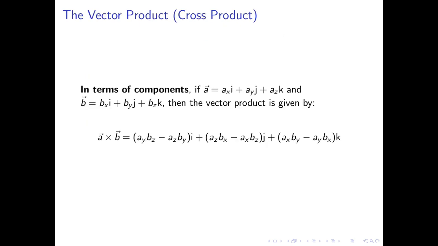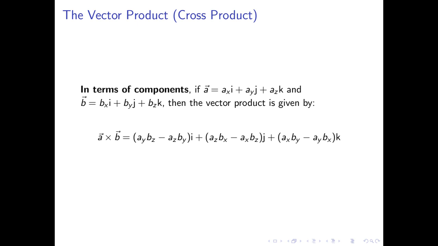Let's see if we have examples. Okay, for component terms, similar to scalar product, the i, j, and k terms vanish. You'll only be left with A1 B1 plus A2 B2 plus A3 B3.